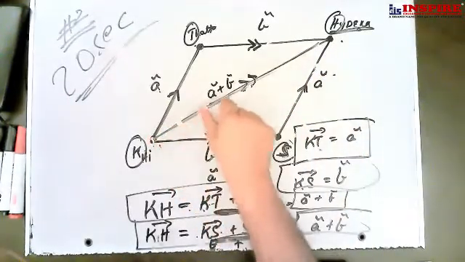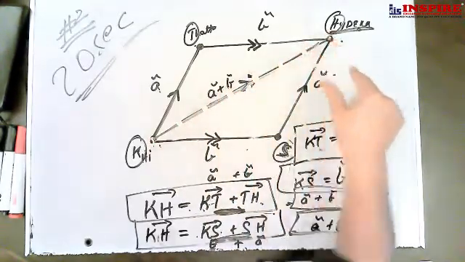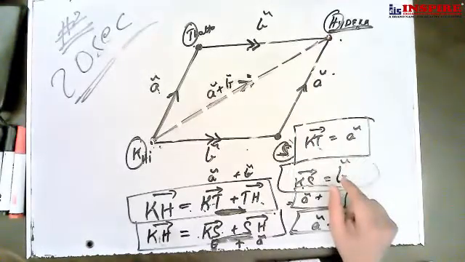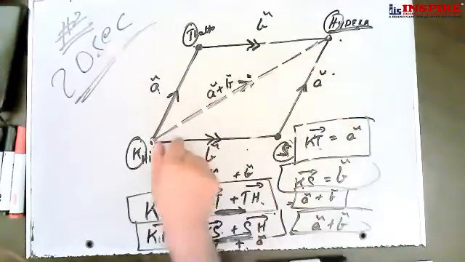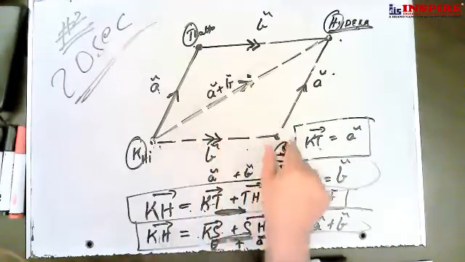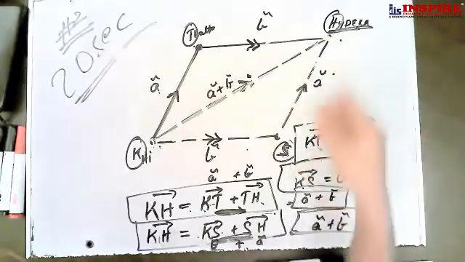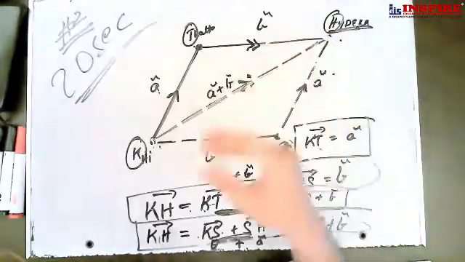1, 2, 3, 4, 5, 6, 7. The 7 units. 1, 2, 3, 4, 5, 6, 7, 8, 9. 9 units. Of course not.